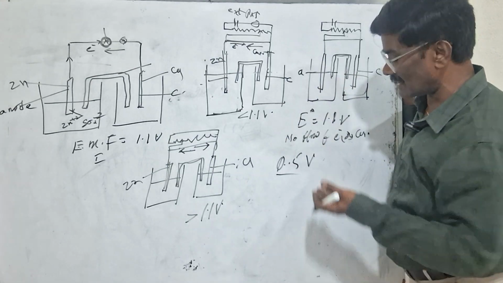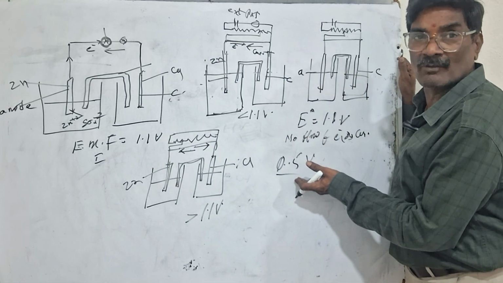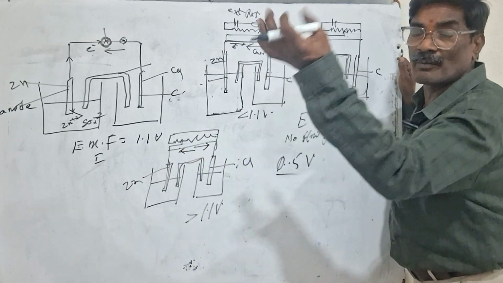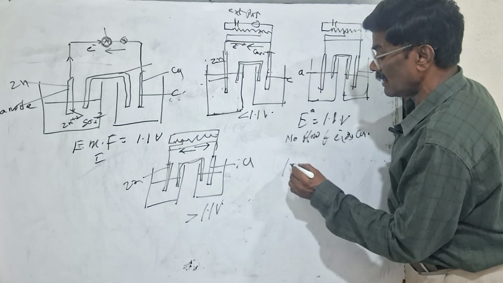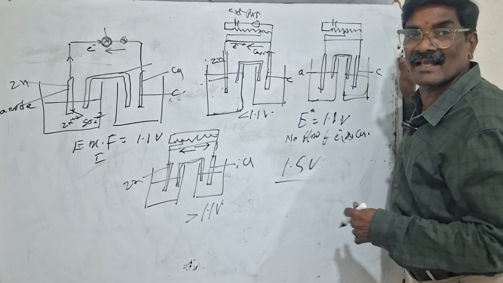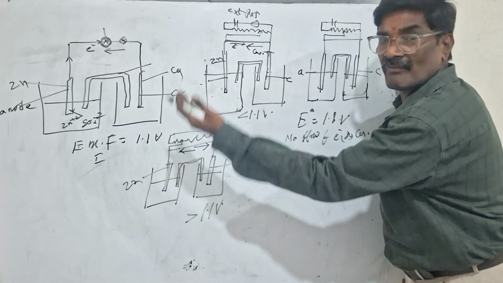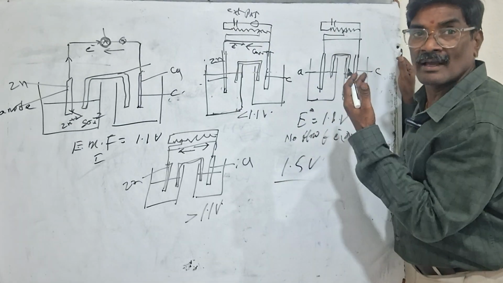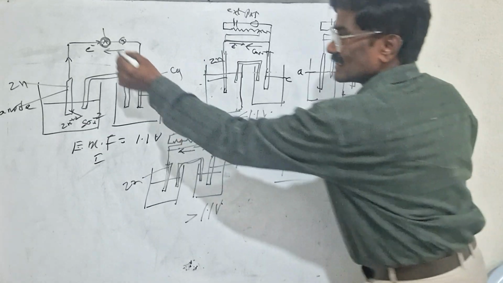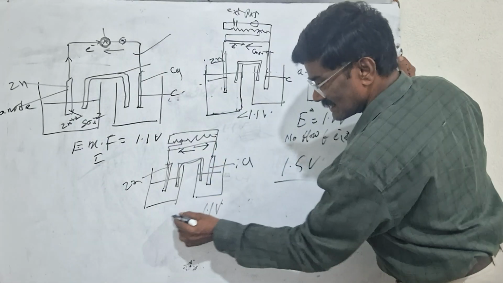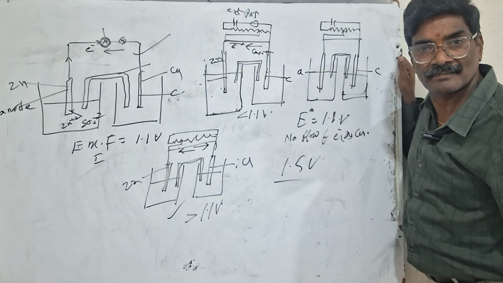No change, because it is less than 1.1 volts. Sometimes they will give an external voltage of 1.5 volts applied. Then the electrochemical cell is converted into an electrolytic cell. So this is an electrochemical cell, and this is an electrolytic cell.